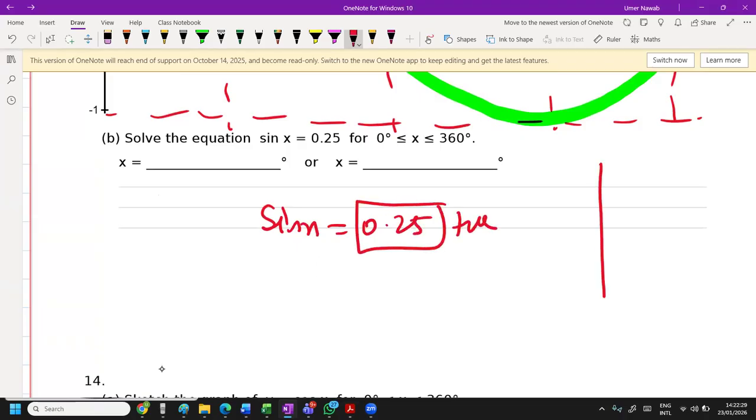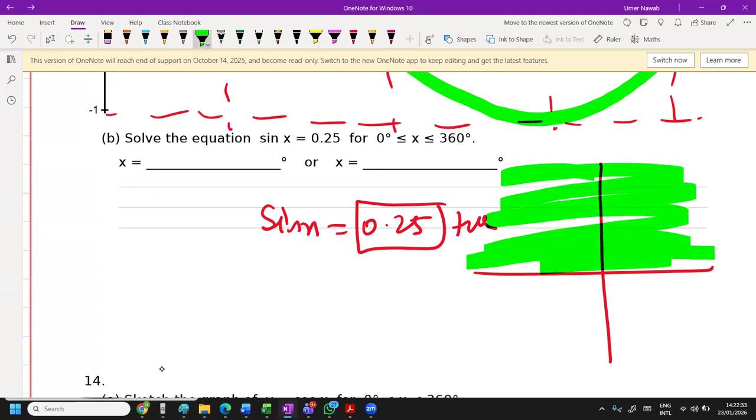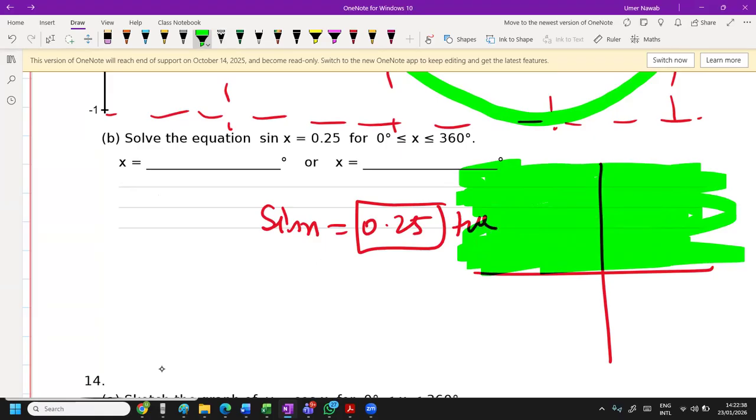This is positive. Sine is positive in the first two quadrants. So this is x, which is inverse sine of 0.25, and this is 180 minus shift sine of 0.25, and I get my answer.